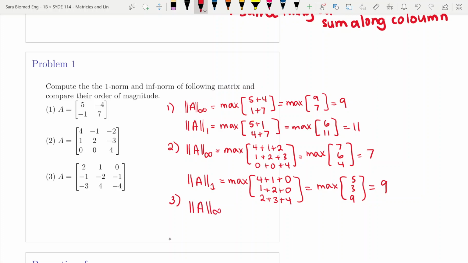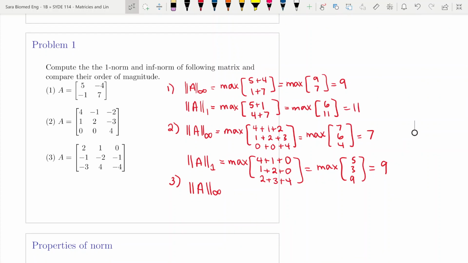Okay, this is fairly simple. I'll just go ahead and solve this. The one norm for the first matrix: we take a sum in the column direction, with the absolute value of each and every entry. The first entry is the absolute value of 5 plus the absolute value of minus 1.